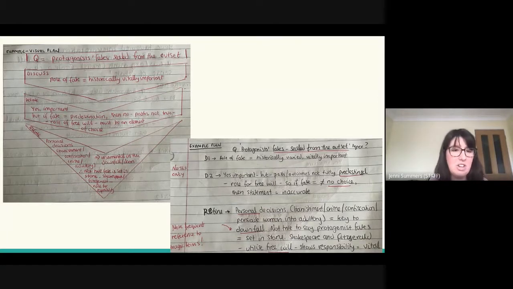You might decide that you are not going to faff around in an exam creating these visual plans, but it might still be useful in your revision, to build that idea in your head that there's almost a crescendo effect in your introduction. The earlier stuff is more about putting things into context and defining things, but then you're building towards your key thesis. I like that idea of building up towards the most important thesis point.